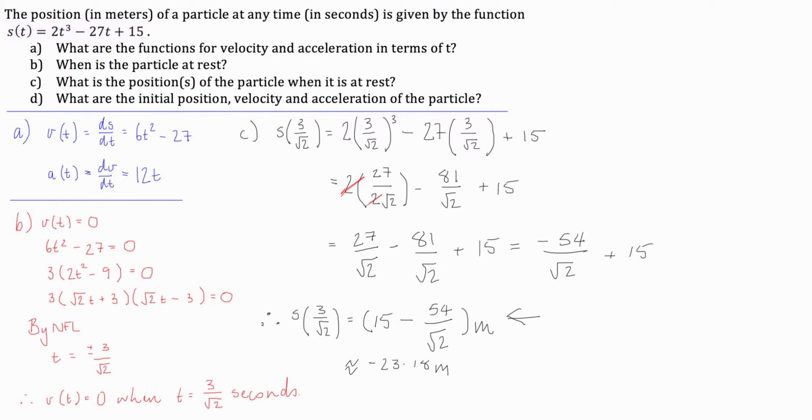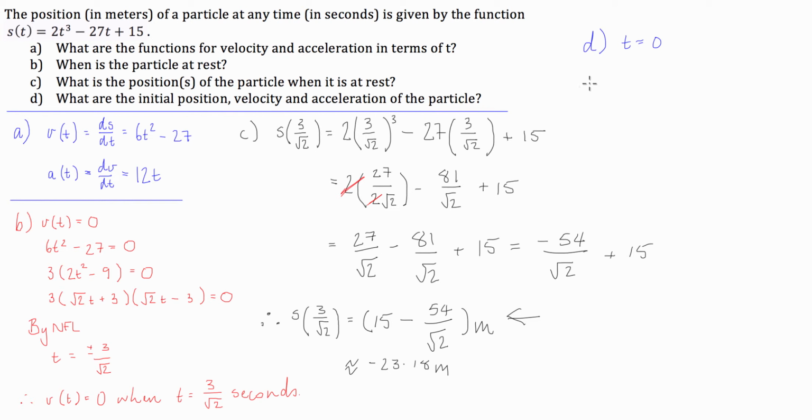Okay, and finally D. Alright, so let's do D over here. What are the initial position, velocity, and acceleration of the particle? Okay, so initial means when time is equal to 0.